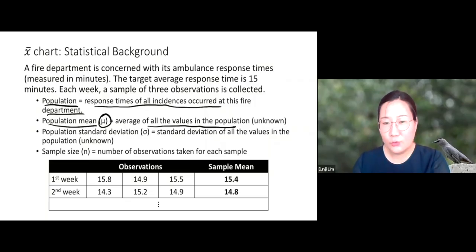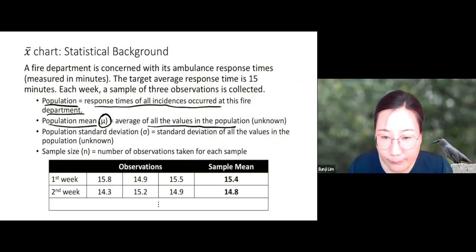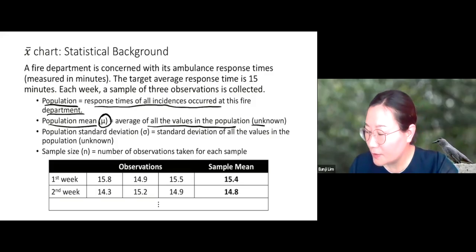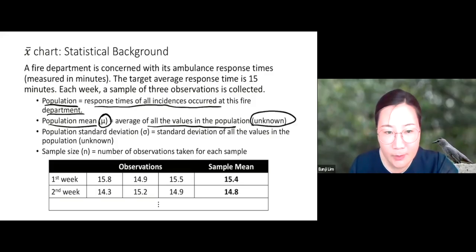No, because when we're sampling, we're not observing all the values in the population. We only sample some of the values in the population, and we can't observe all of them, right? We only observe those values that are selected. So we can't compute mu. Mu is an unknown quantity.